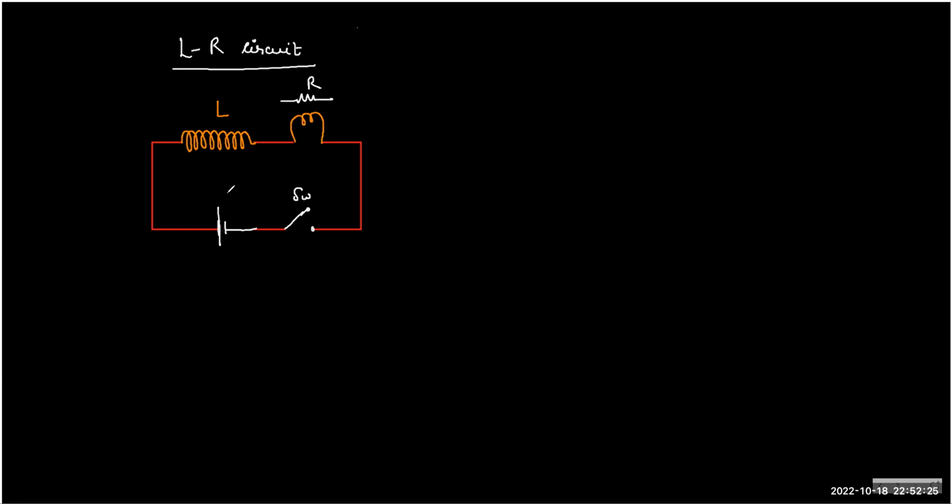So in the absence of L, the moment you switch on, the bulb will glow to its maximum value in no time. So the bulb will glow to its maximum limitation, maximum power, whatever is written there.